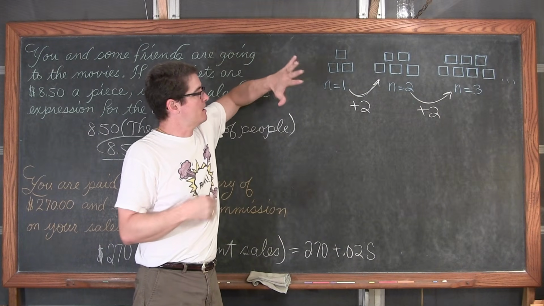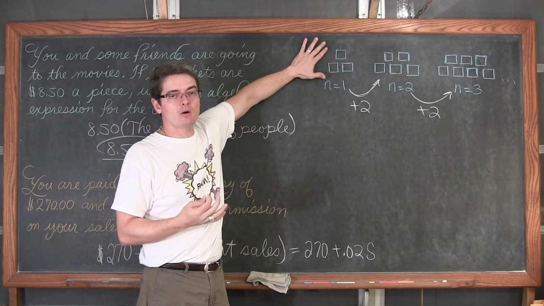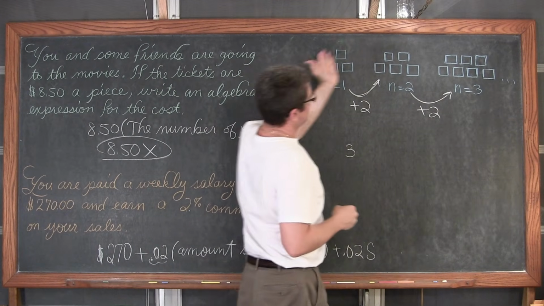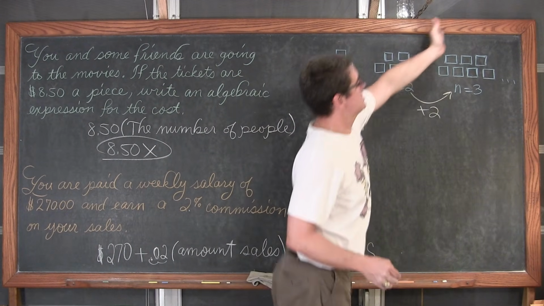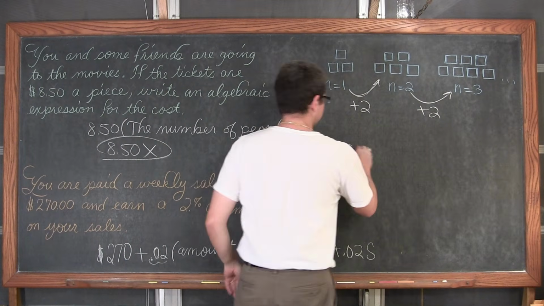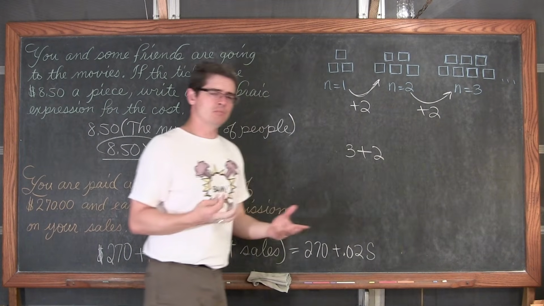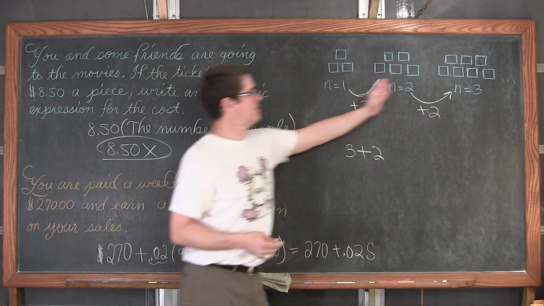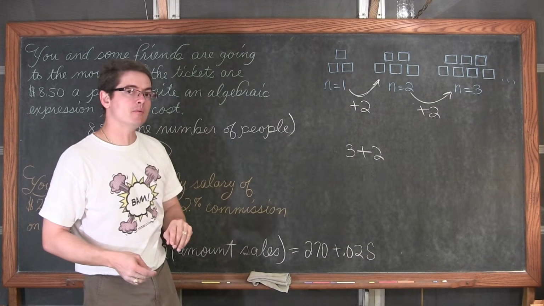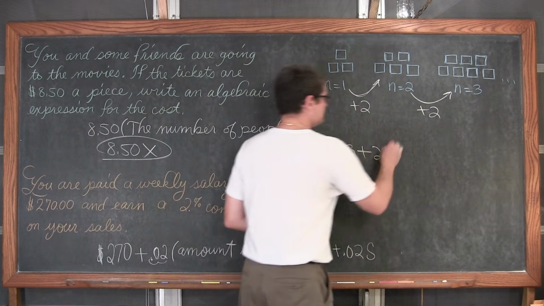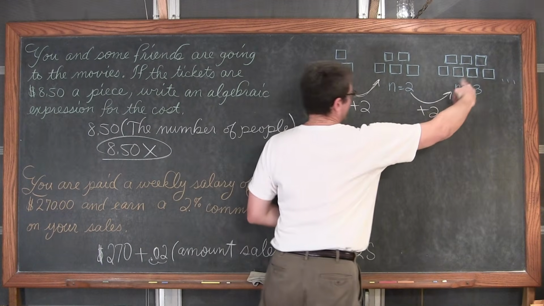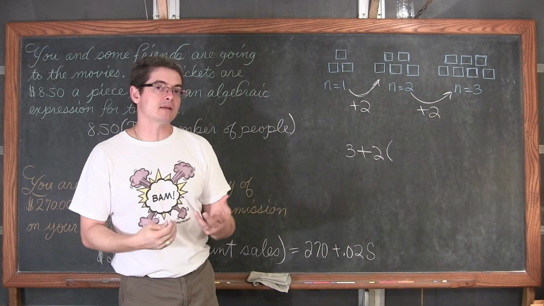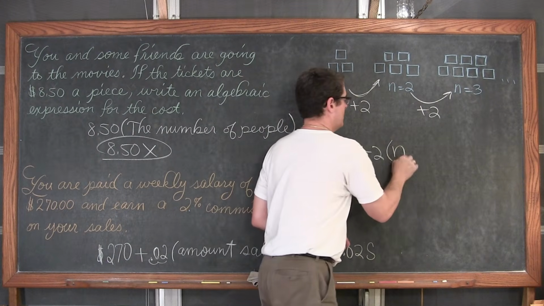This first picture in our pattern has 3 blocks in it. And then from there, to get to the next picture, I'm adding 2 blocks. Okay, well, how many times am I adding by? Because I want to write this expression in terms of this variable n. Well, I'm repeatedly adding by 2, which we can rewrite as multiplication.